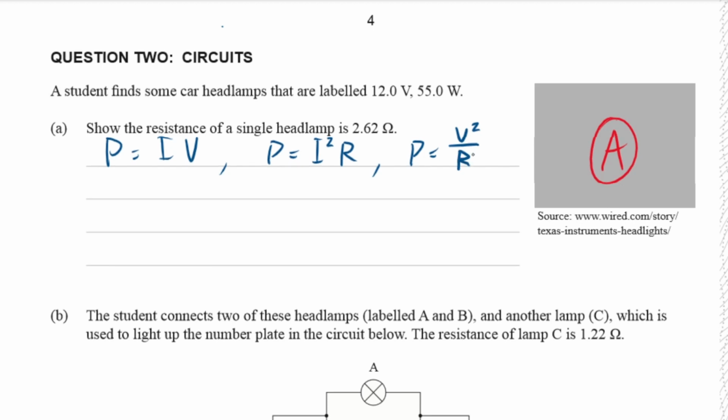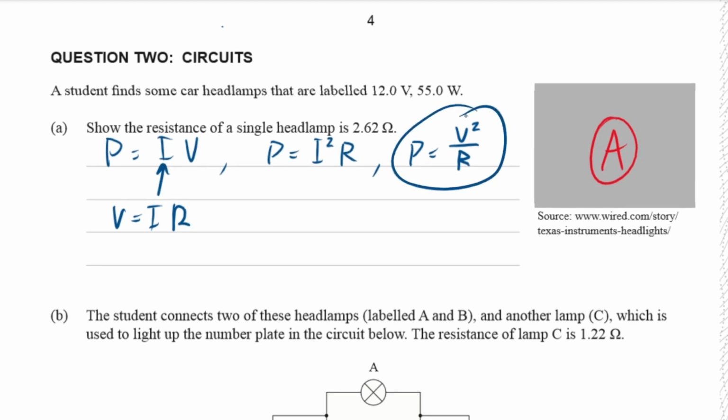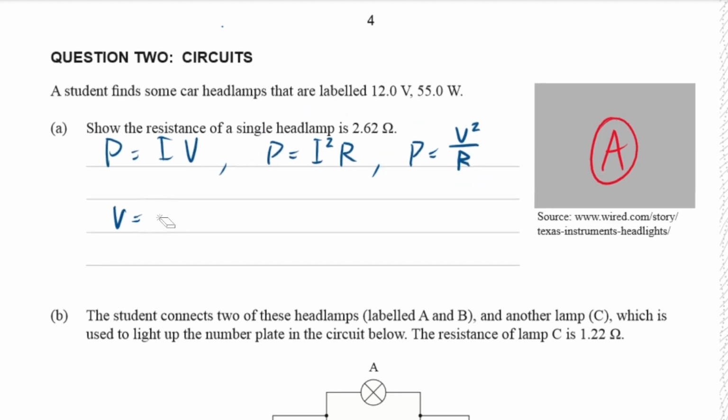Now, if you're wondering where these come from, you should definitely derive them yourself by using Ohm's law, like we just did before, and substituting it in for I, right? And then you'll get this power equation. Then try substituting it in for V, and you'll get this power equation. So it essentially combines the two steps that we did into one.